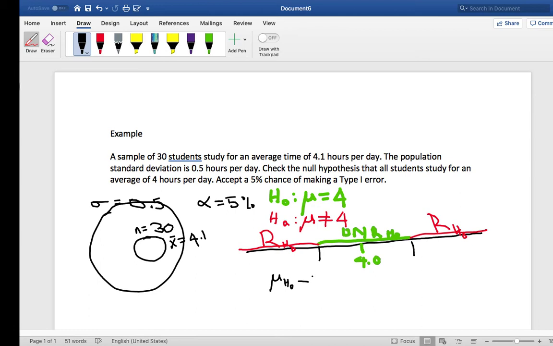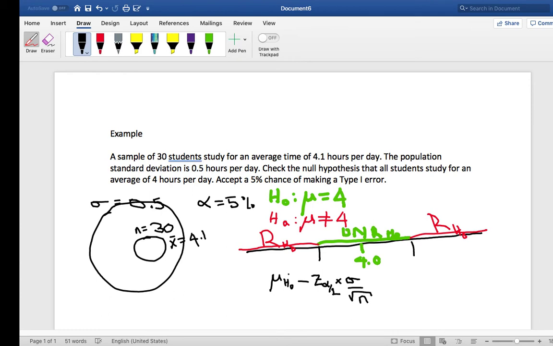Let's do it more generically. It's going to be Z of alpha over 2. Remember alpha is 5%, so this could be Z of 2.5%. We multiply that by the population standard deviation sigma, which we know is 0.5, divided by the square root of the sample size. So that's the low critical value.